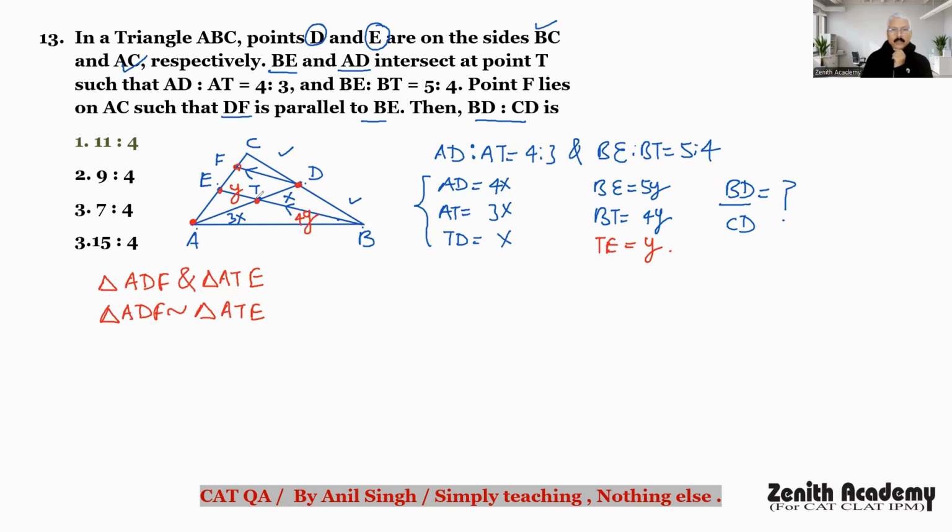So ET, the side of triangle ATE, corresponds to the DF side of triangle ADF.